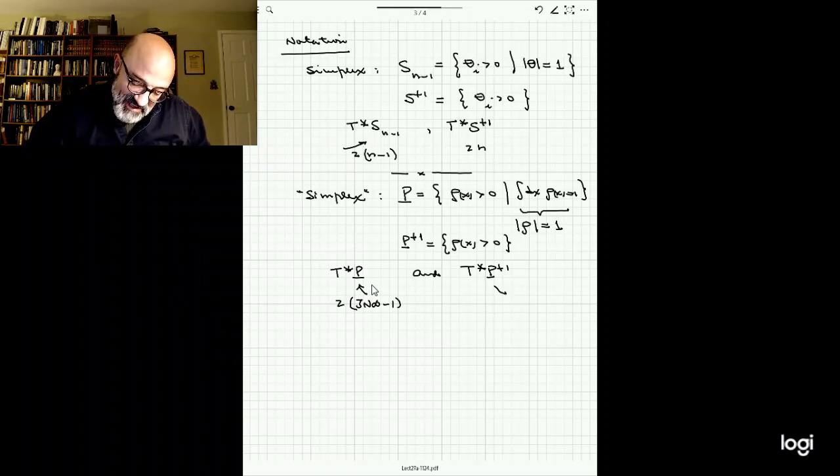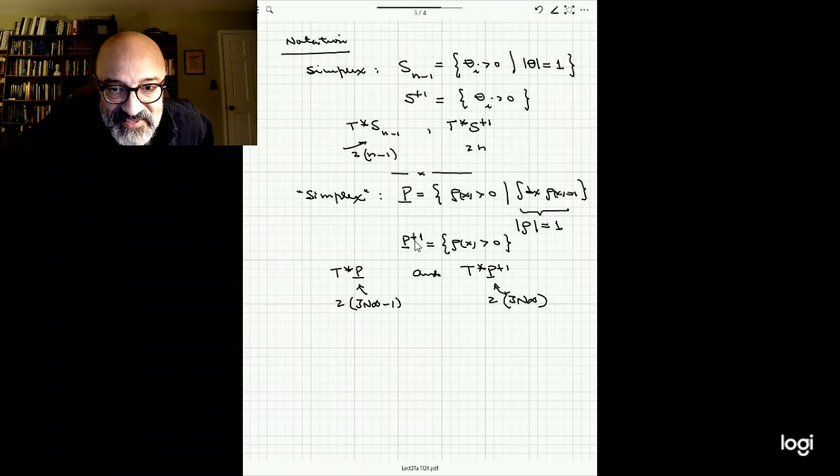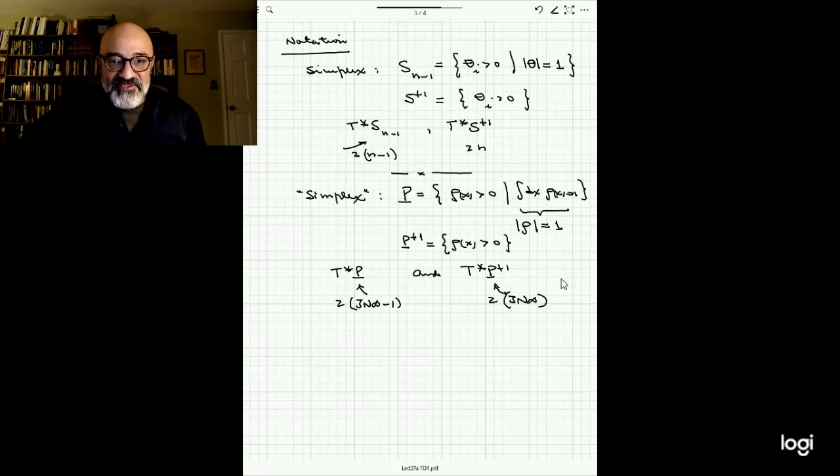And this one has infinity, and then when you do the cotangent bundle, you double it. This is one of the reasons why I've been using this plus 1 as notation for the embedding space, because infinity minus 1 is exactly the same thing as infinity, right? What's infinity plus or minus 1? Still infinity. So I just want to say by this plus 1 that, of course, we're not imposing that constraint.